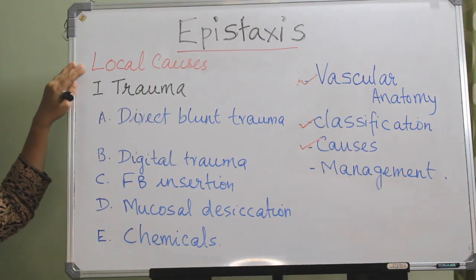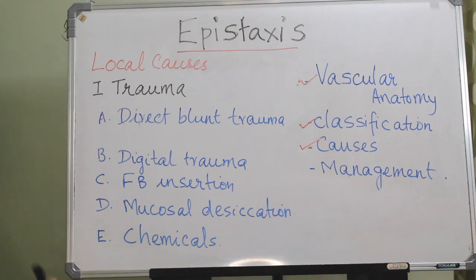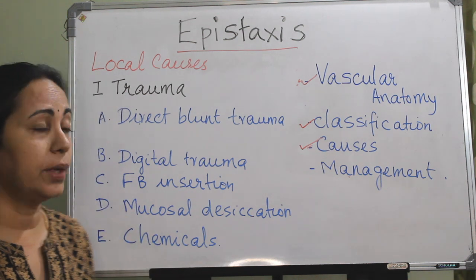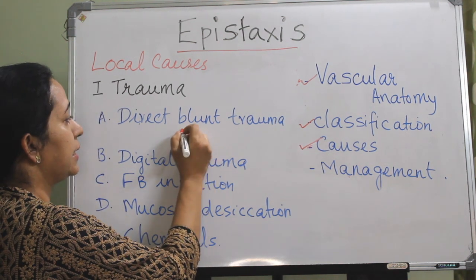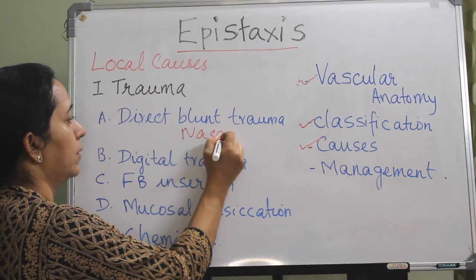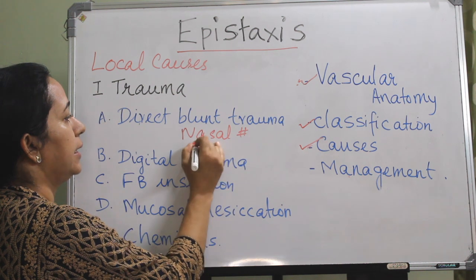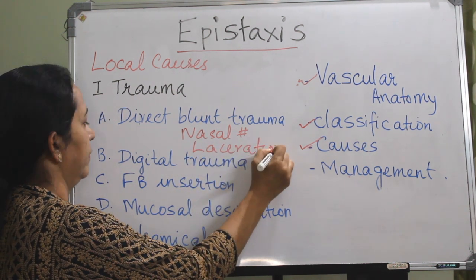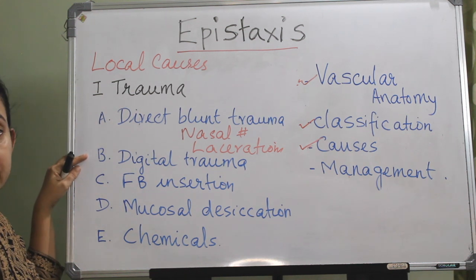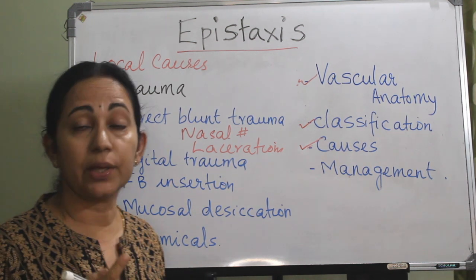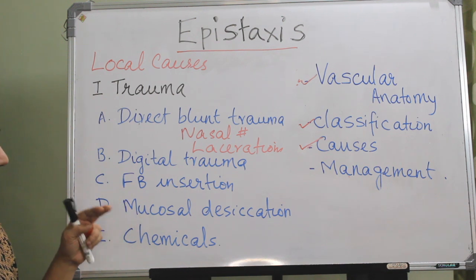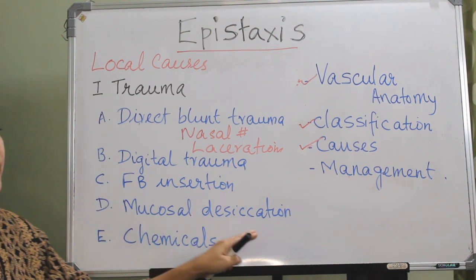The most common causes include local causes like trauma, and this trauma can be direct blunt trauma, nasal fractures or nasal lacerations, or digital trauma like frequent nose picking or insertion of a foreign body.